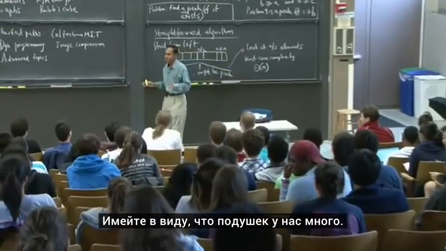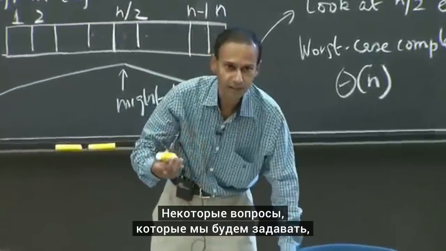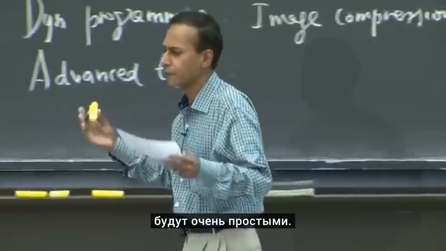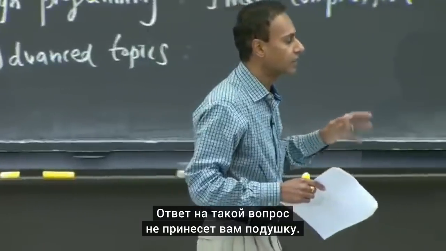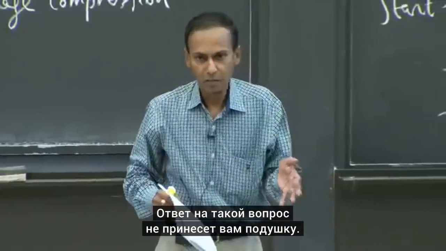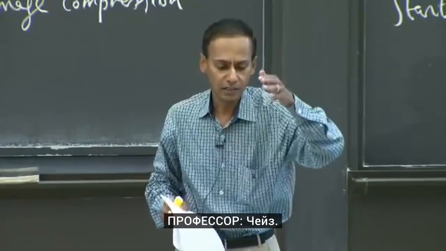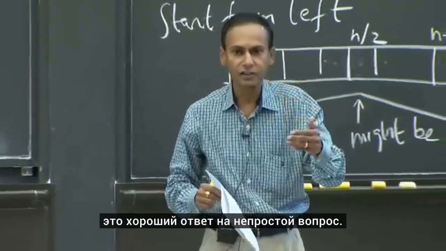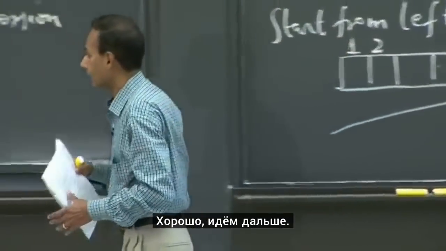So if you got a bunch of these, raise your hands. When I ask, there's some trivial questions that we're going to ask just to make sure you're awake. So an answer to that doesn't get you a cushion, but an answer like what's your name? Jace. An answer like Jace just gave, a good answer to a non-trivial question, gets you a cushion. Okay. All right. Great.